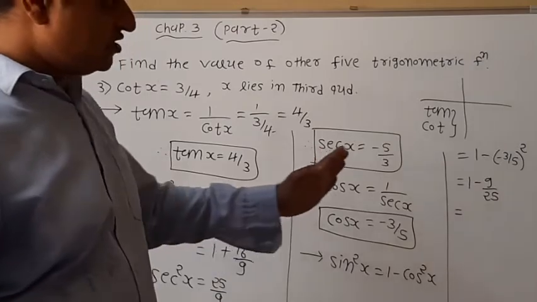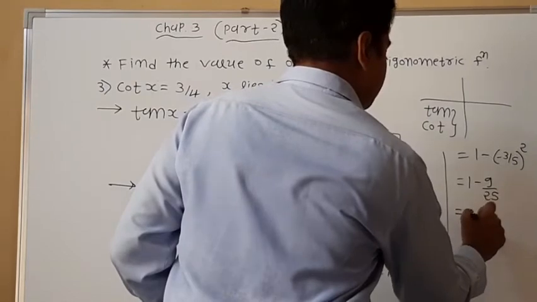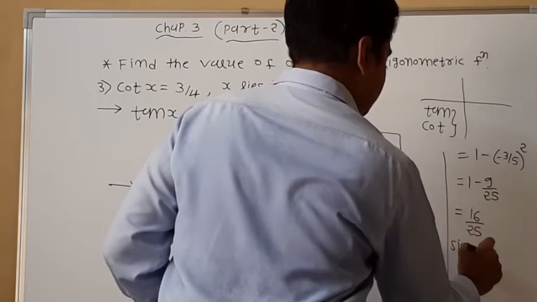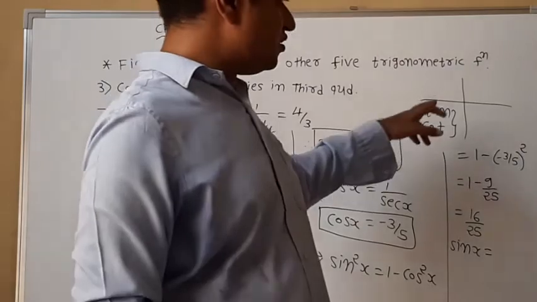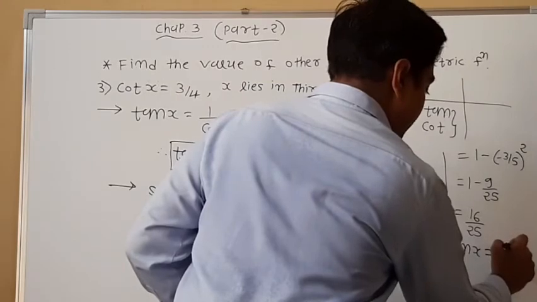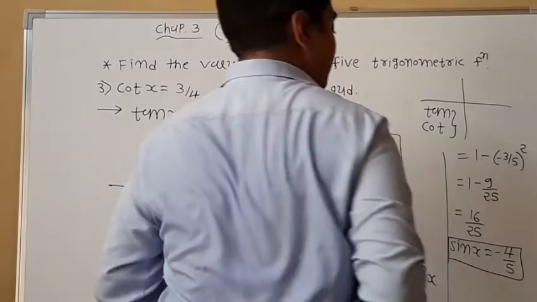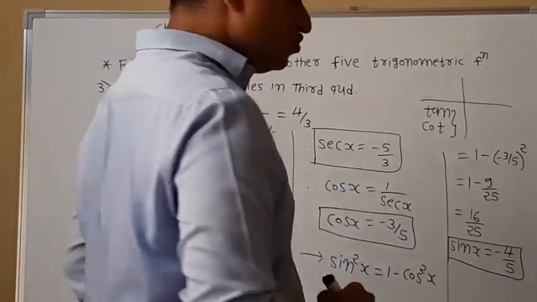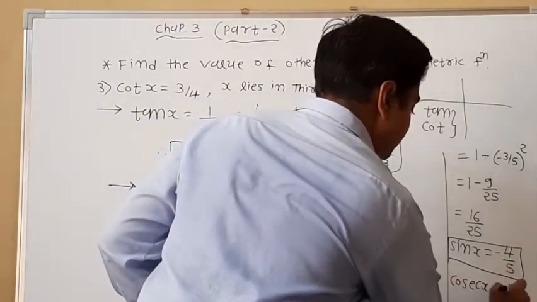Taking LCM and simplifying, 25 minus 9 is 16, so 16 by 25. Taking the square root, sin x is equal to, since it is the third quadrant and sine is negative there, minus 4 upon 5. Now find cosec x, which is the reciprocal, so cosec x is equal to minus 5 by 4.